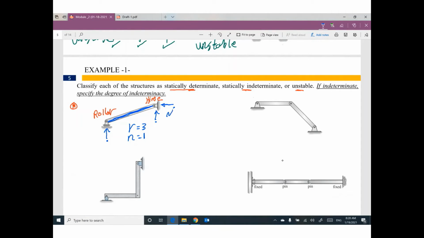So number of unknowns equals 3, which is R. Number of equations equals 3n, so 3 times 1 equals 3. That means number of unknowns equals number of equations.